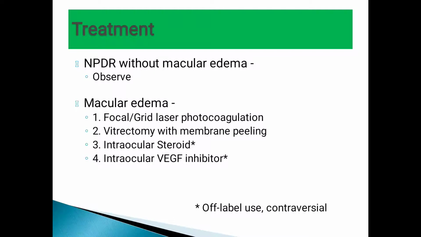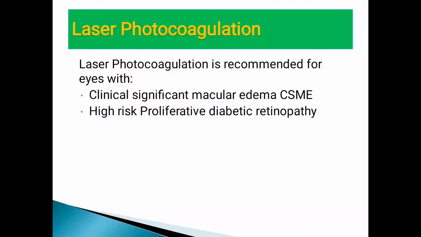So basically what does laser do? Let us discuss the mechanism by which this laser acts. In PDR, or proliferative diabetic retinopathy, what is the purpose of laser? We are coagulating or burning the retina, and we are creating a scar. So what we are doing is converting hypoxic retina into anoxic retina.